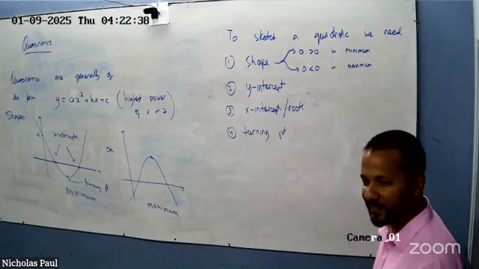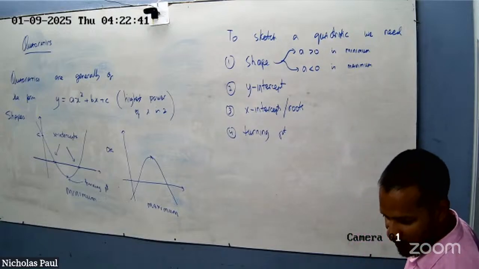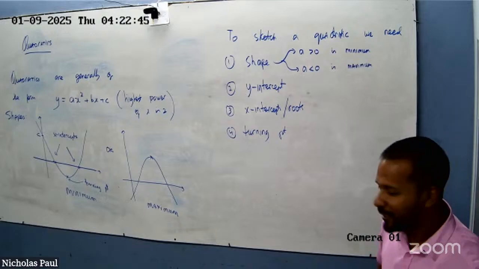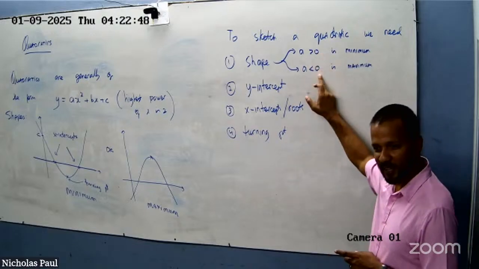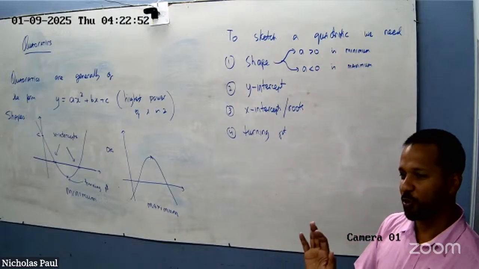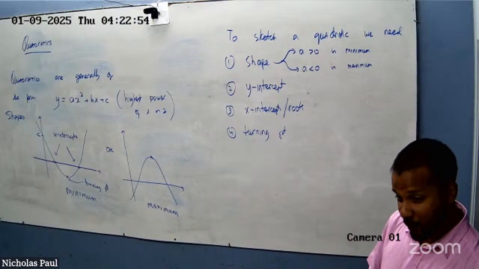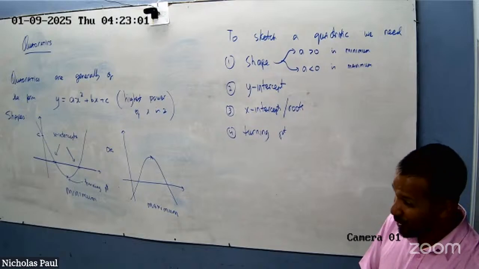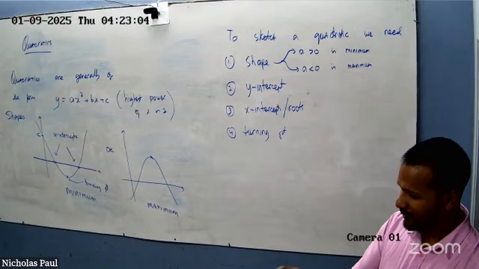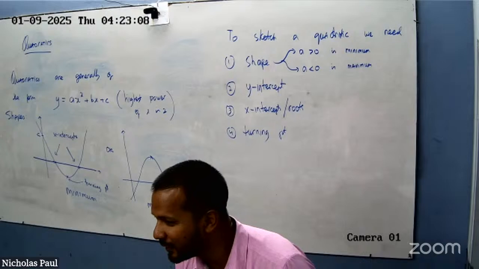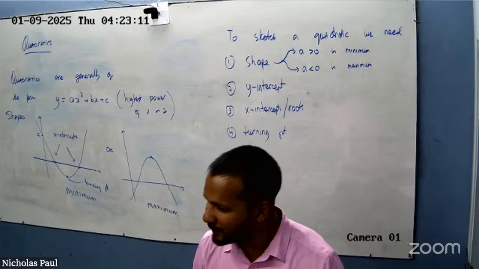What would happen if A is equal to 0? Shout out, pop your hand. If A is equal to 0, it will be in the middle.